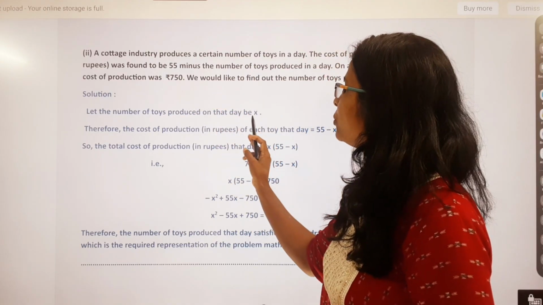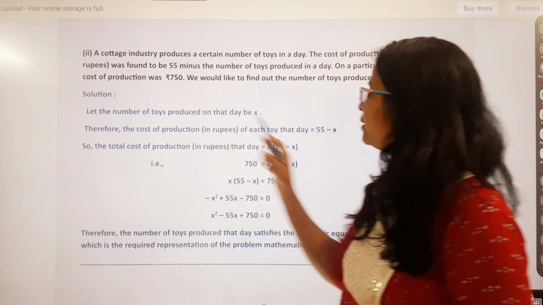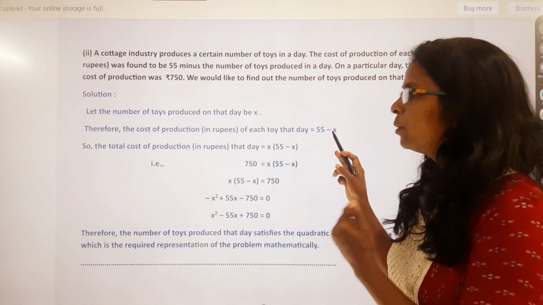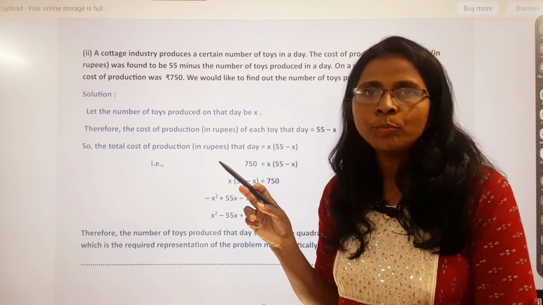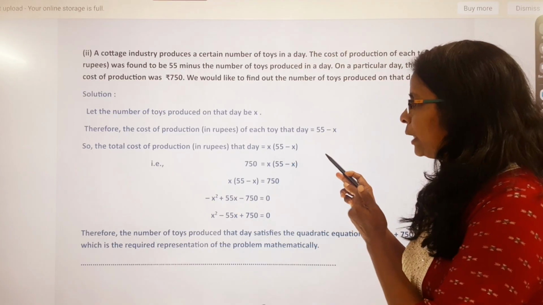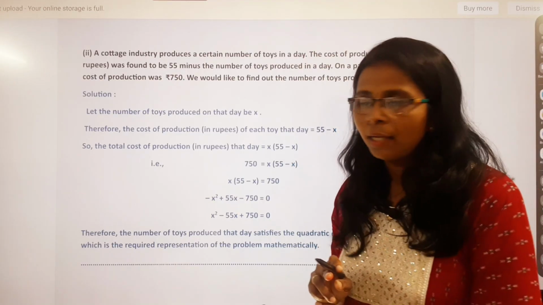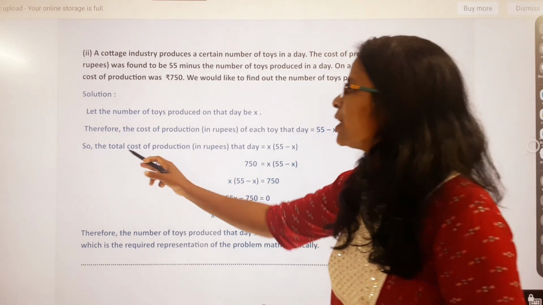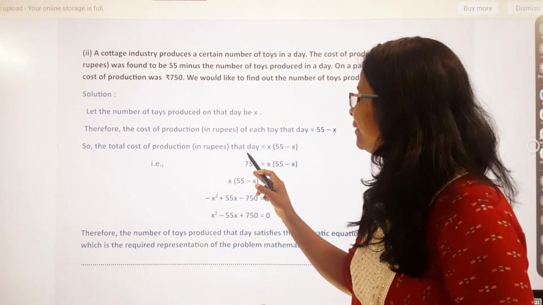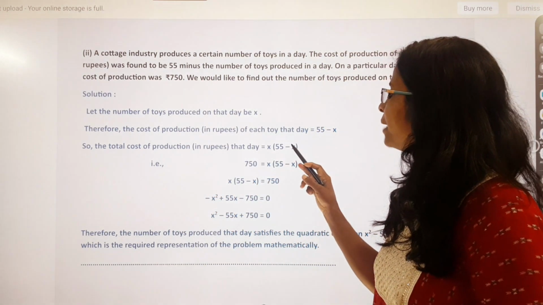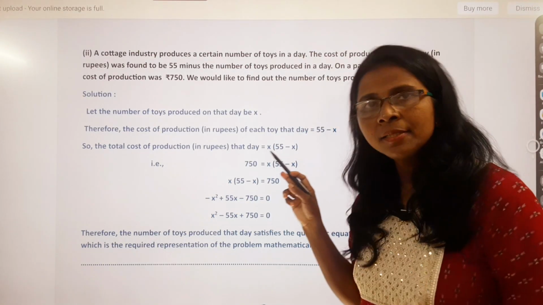So the total cost of production that day is equal to x multiplied by 55 minus x.